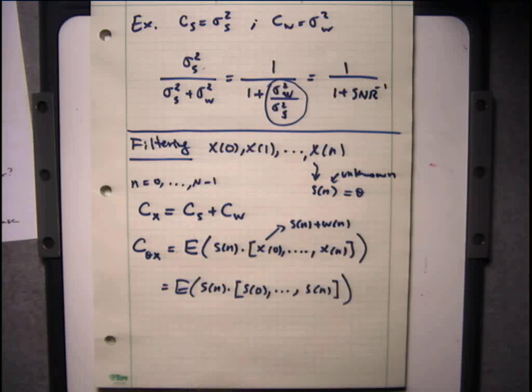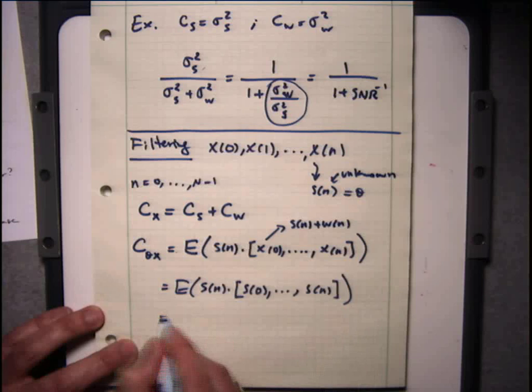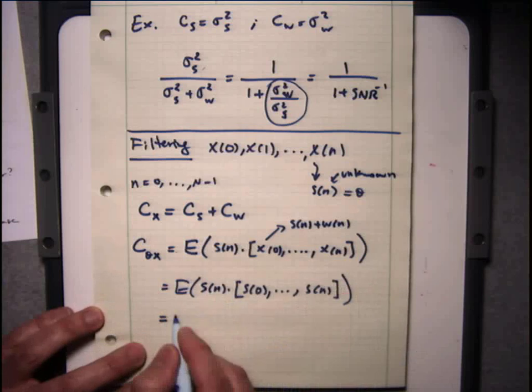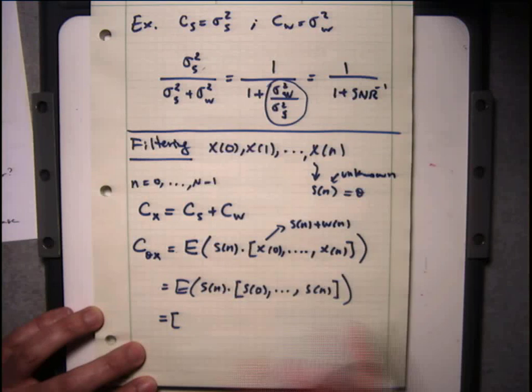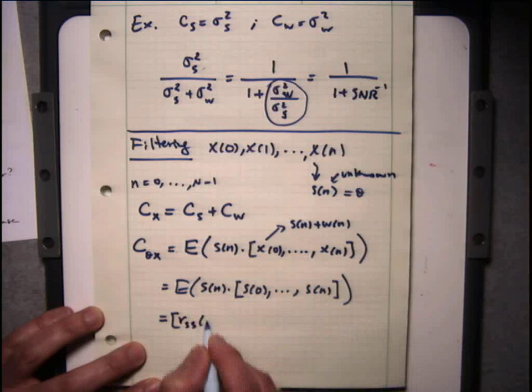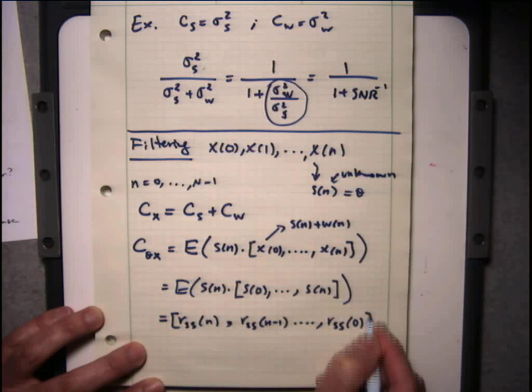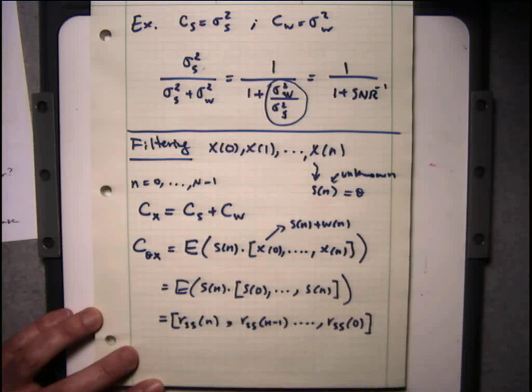If you write this in longer hand by just multiplying this s through, you see that this expectation is going to be a vector: RSS of n, RSS of n minus 1, down to RSS of 0.